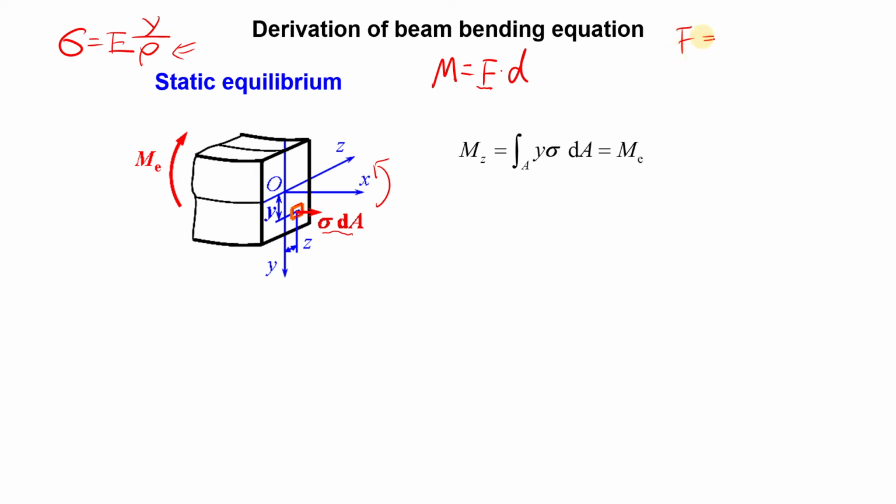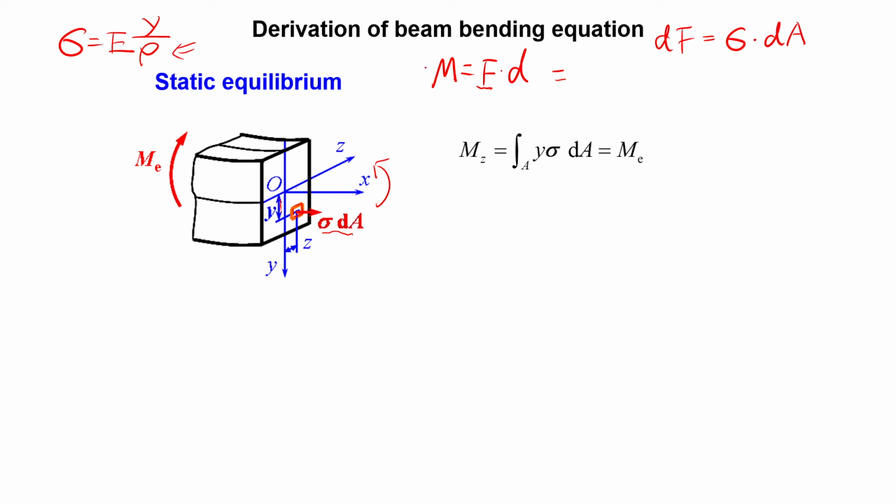Let's say that tiny force in the small red area is equal to the stress times the small area dA. And the distance is between the area and the z-axis. So in this case, it's y. So let's substitute that in.